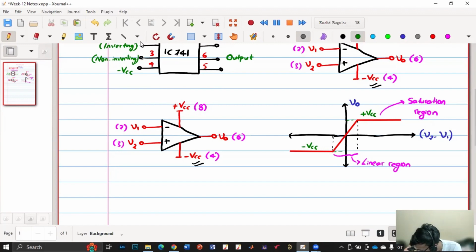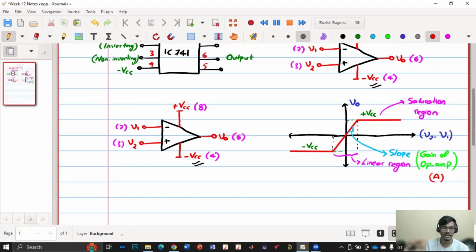If I consider the slope of this line, it will give me the gain of the op amp, and usually it is represented by the symbol A.